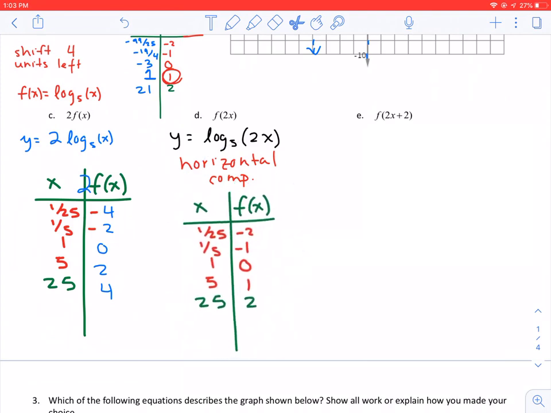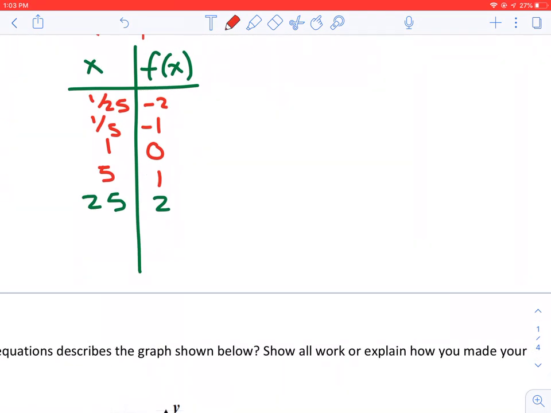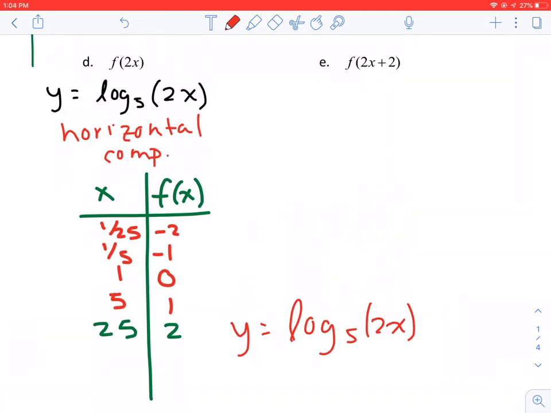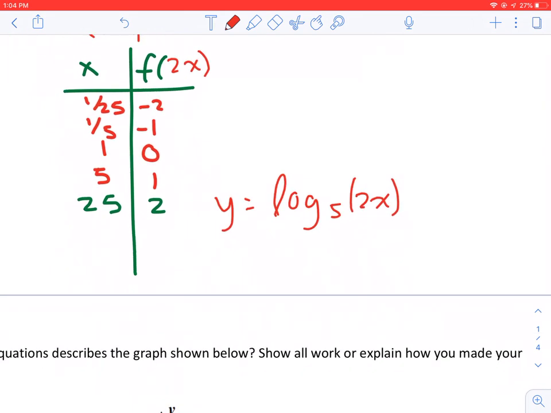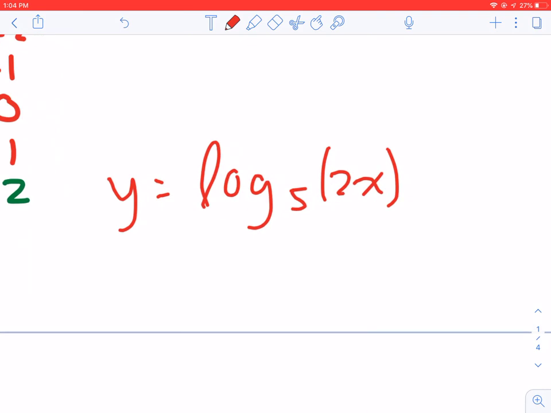But if I paste the table again, we have log base 5 of 2x. This is now f(2x). So again, if I plugged in a 5, this would become a 10 now.